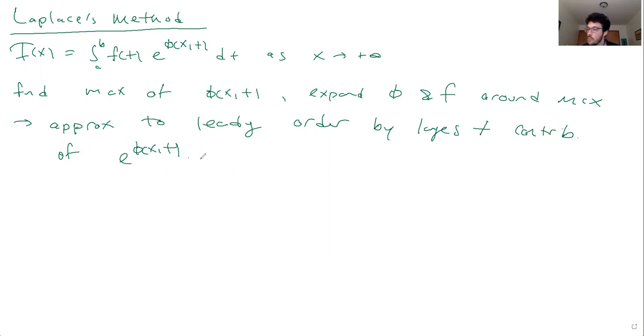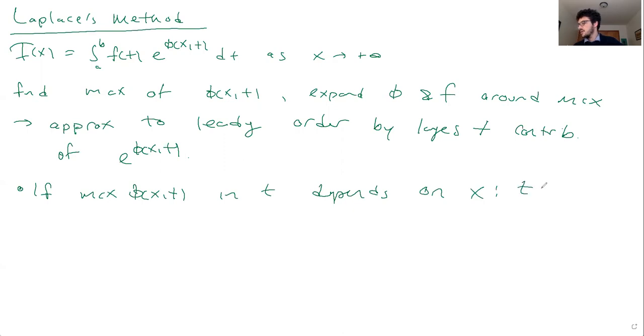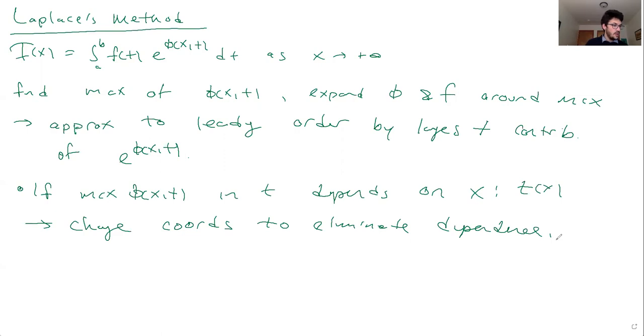And in the case where this maximum depends on x, what we need to do is to change coordinates, to try and eliminate this dependence. So we're going to see some examples of that now.